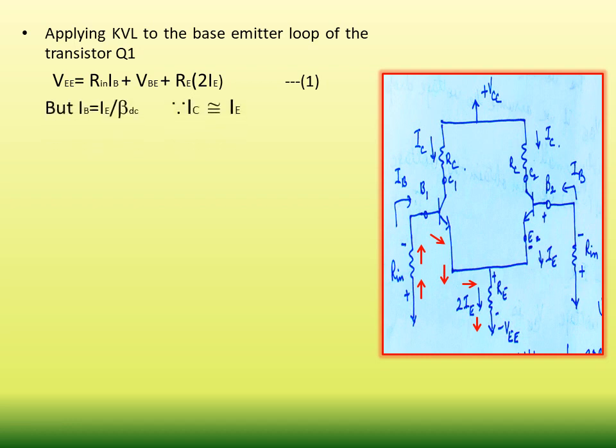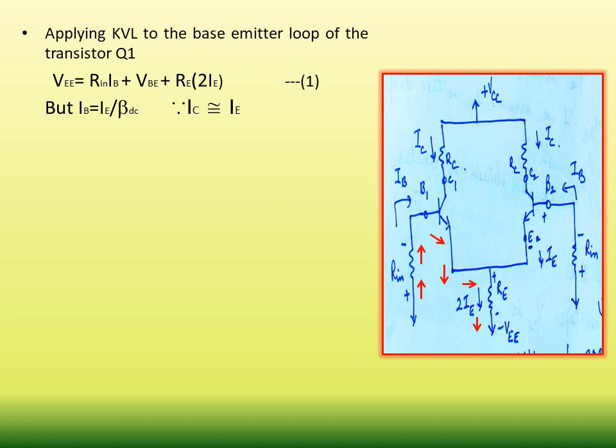Now, by theory we know beta DC, the current gain, is defined as IC upon IB. IC is taken approximately equal to IE. Here we should remember beta DC is the current gain, IC is the collector current, IE is the emitter current and IB is the base current. So beta DC is generally IC upon IB.